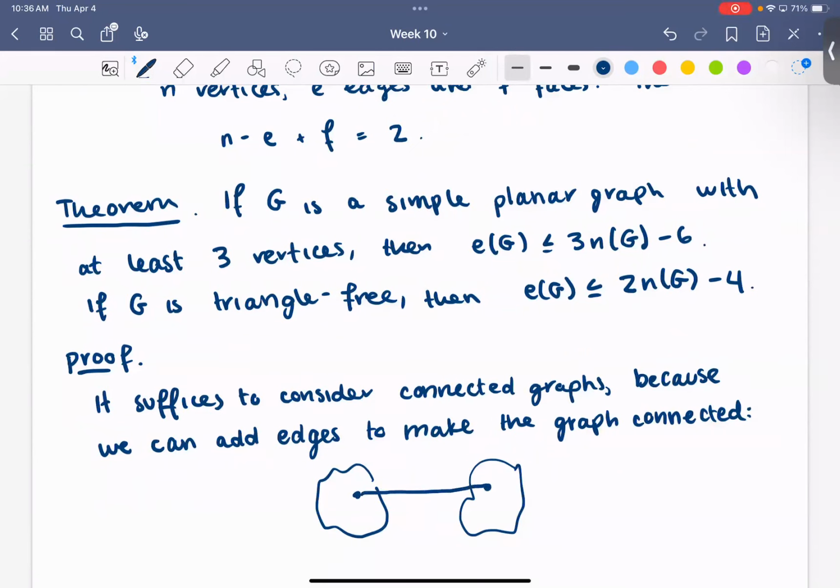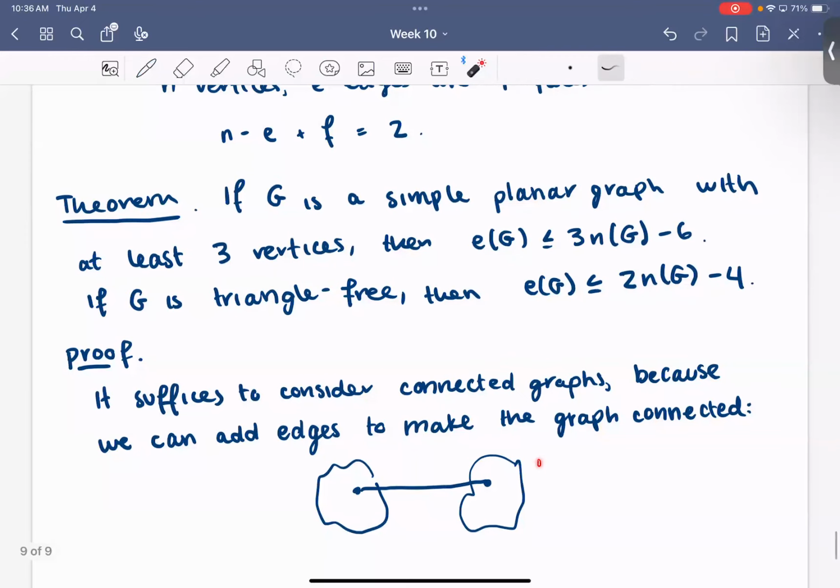And now I have a connected graph. And if the inequalities hold, so this puts an upper bound on the number of edges, if these inequalities hold for this graph, then they also hold for the graph where I've deleted this edge and I have now fewer edges. Is it okay?